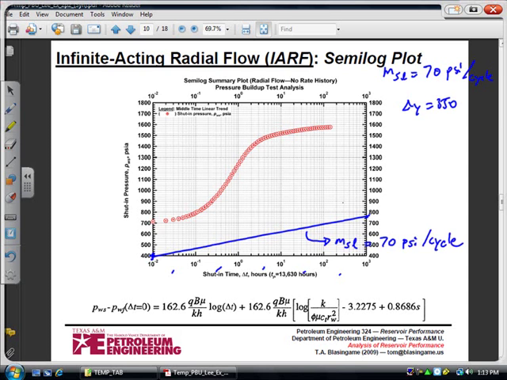Okay, so now I am going to shift this straight line onto the data. Okay, and we already find our straight line. So now we will identify the flow regimes.